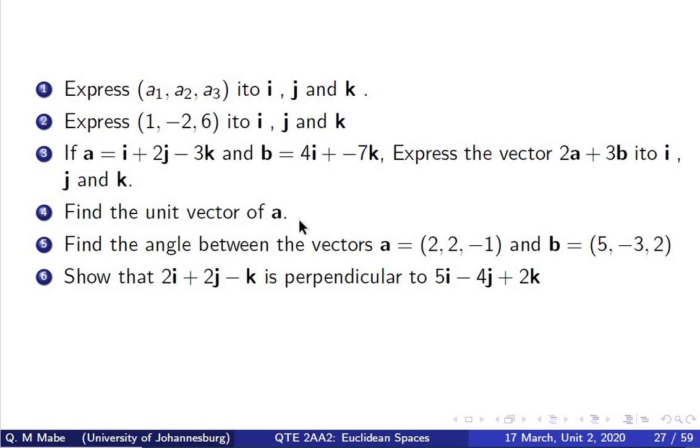It's very important to remember that a unit vector is just a vector divided by its distance. So in order to find a unit vector, I have to find the distance of the vector A from the origin. I assume that A is i plus 2j minus 3k, which is the same as (1, 2, -3), if I replace my basis vectors i, j, k.